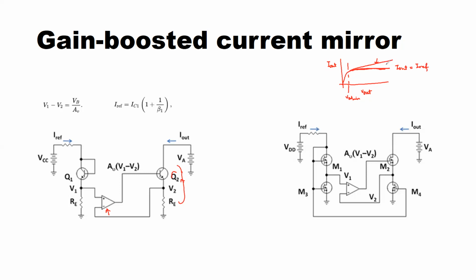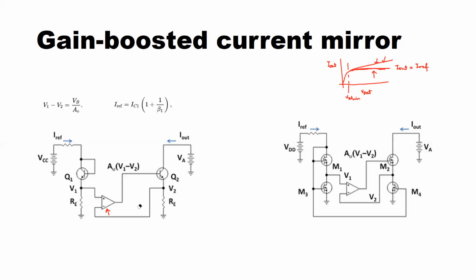In the case of a MOSFET, this effect is called channel length modulation, which is due to the increase of electric field across the drain and source of the MOSFET. So we now use an OpAmp to make sure that we have this kind of flat curve, unlike the previous basic version, this curve. Let us have a look at how this can be achieved.